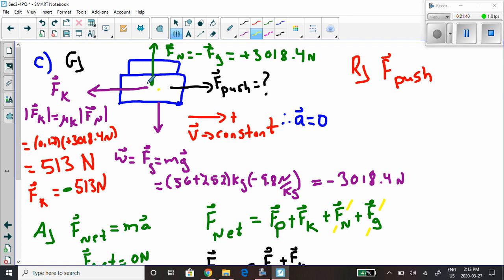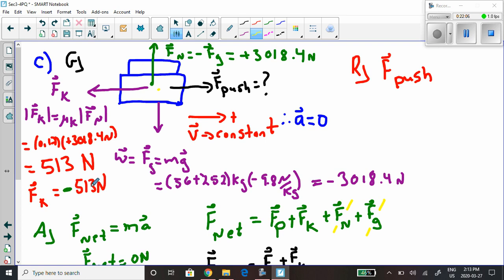Since there's two trunks together, it jams into the surface more. There's more contact. It pushes into it more, and we have more friction. So we can do this calculation here, and we get that the magnitude of the force of kinetic friction is 513 newtons. But we need to find the whole vector with direction included. So the force of kinetic friction is negative 513 newtons.